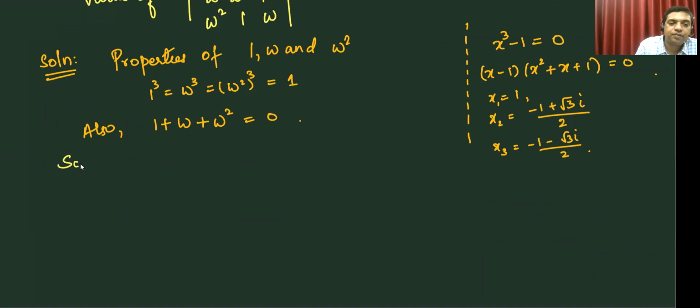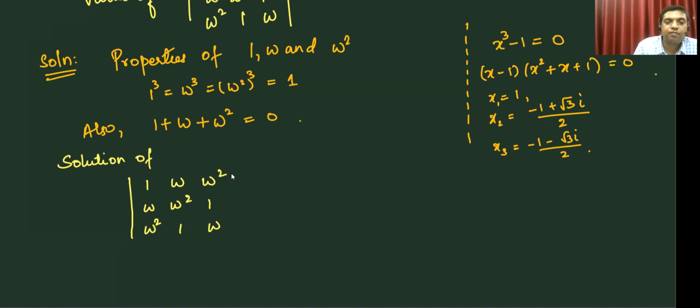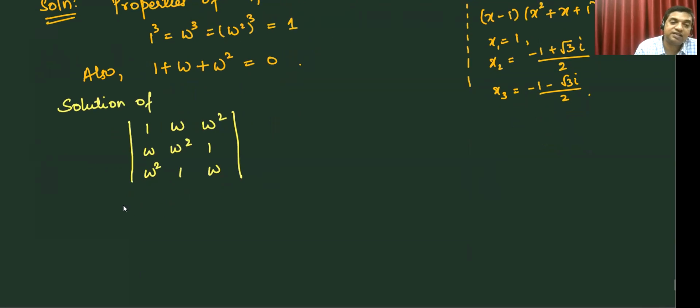So solution of this: 1, omega, omega square. How to do? I'll do row operation like this.